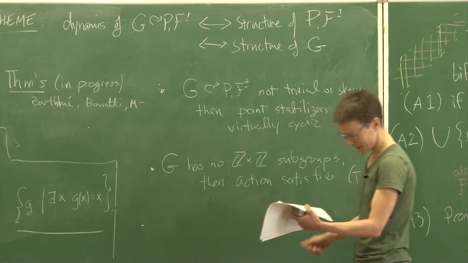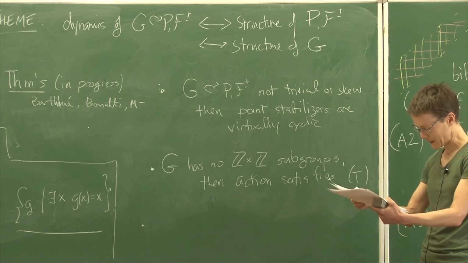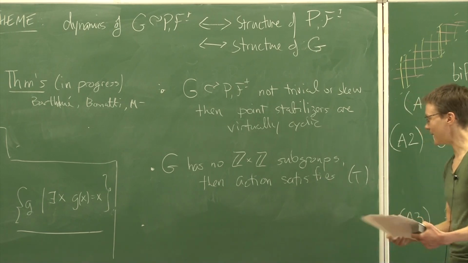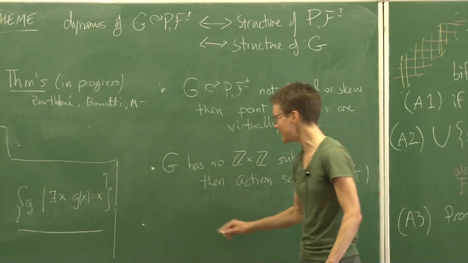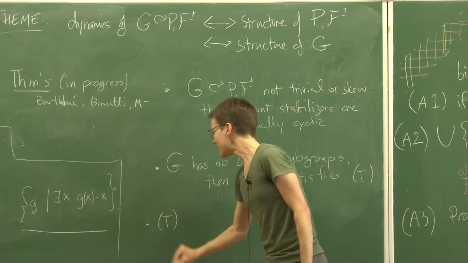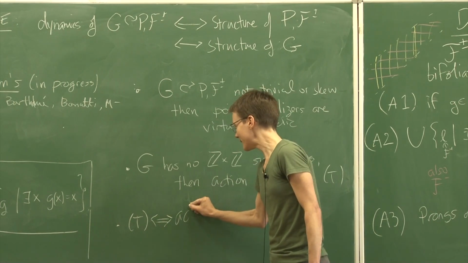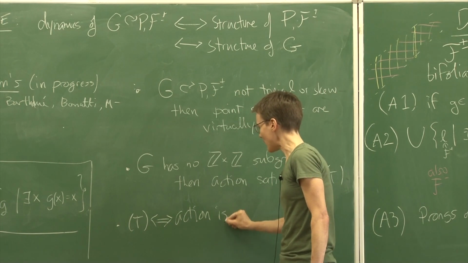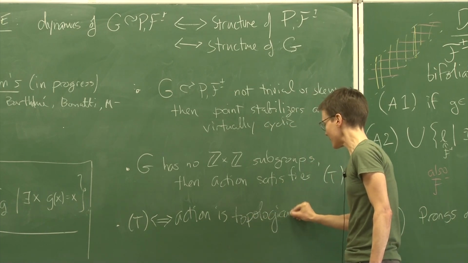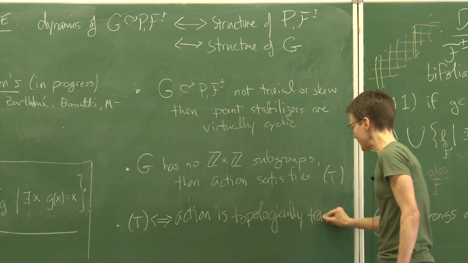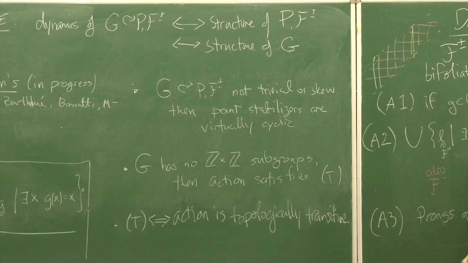Okay, and what's on the third? I made a list of fun, easy to state things here. Well, maybe I should just say that using some of this technology, T really does mean that the action is topologically transitive, meaning that there exists a dense orbit.